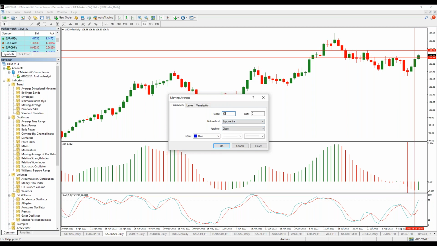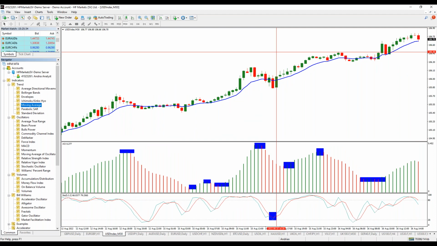I will put a 10 exponential moving average because I will use it for a 30 minutes chart. Let's see. Yeah, why not? Actually, let me just put that at 15. That's a much better support level for my dollar index 30 minutes chart.